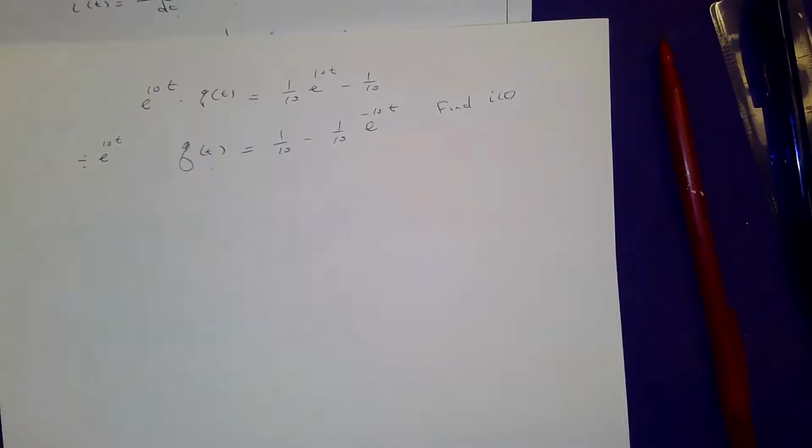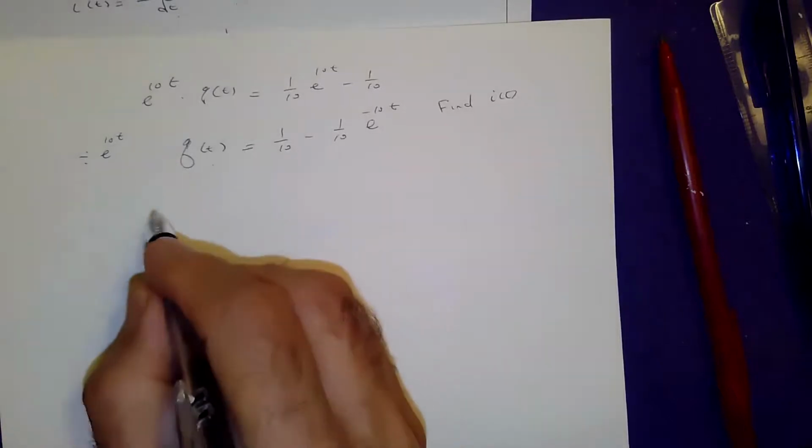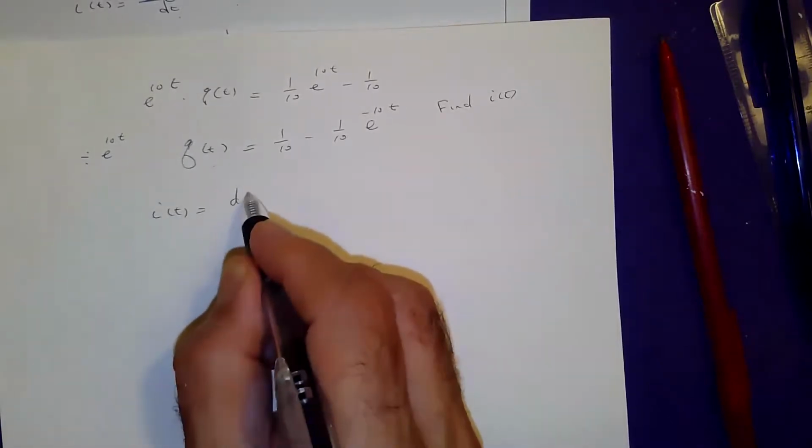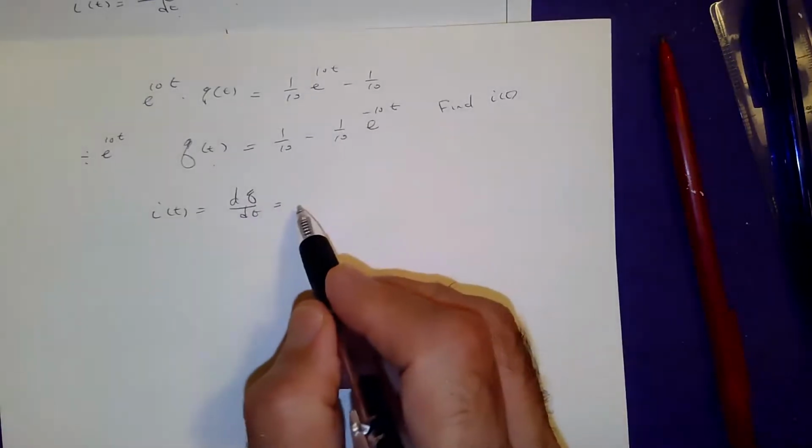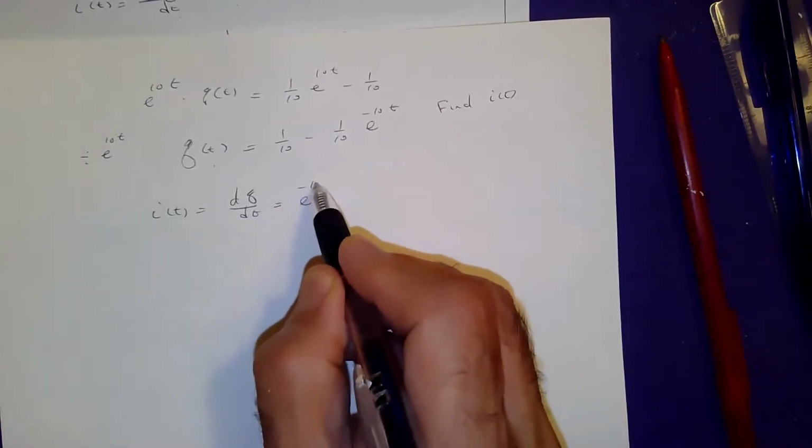Nothing? So to find I, I have to take the derivative of this, remember? When you take the derivative, you get this.